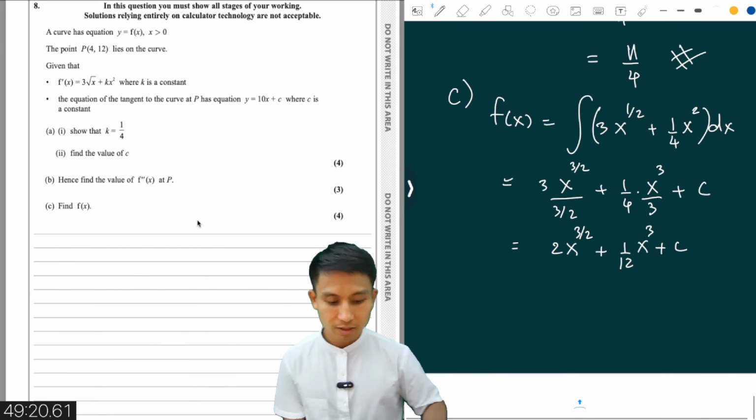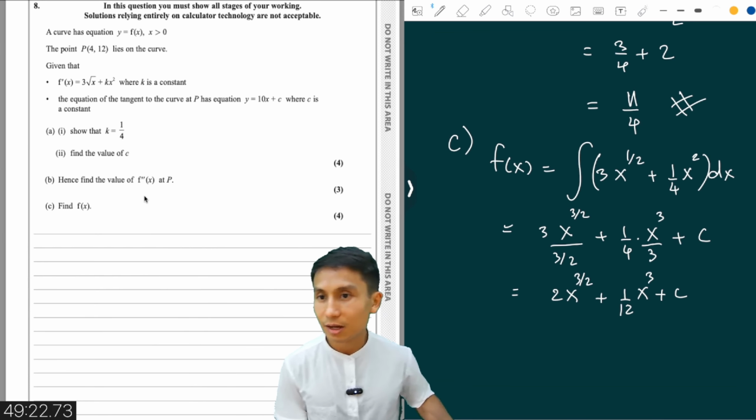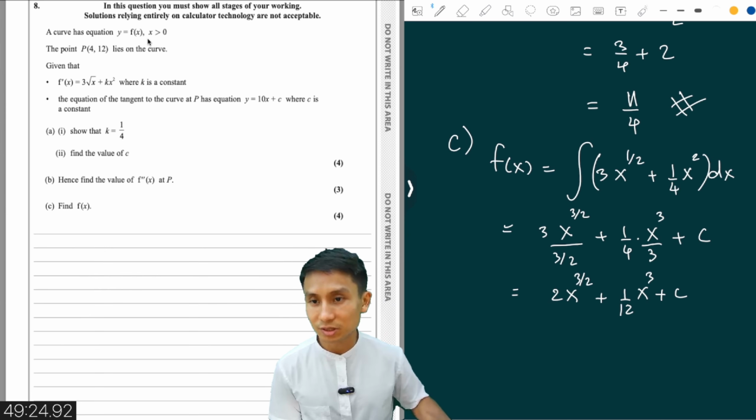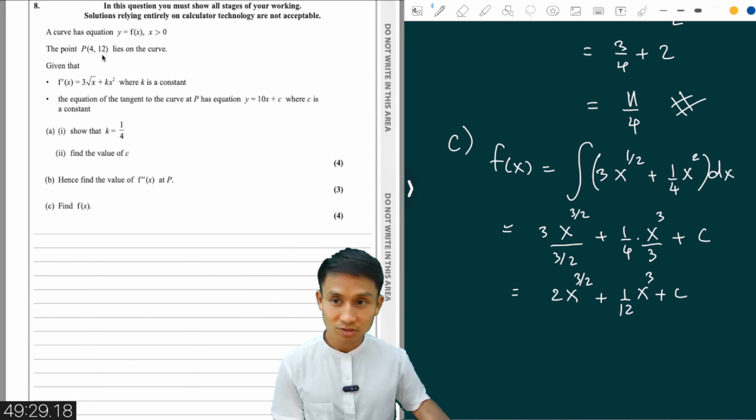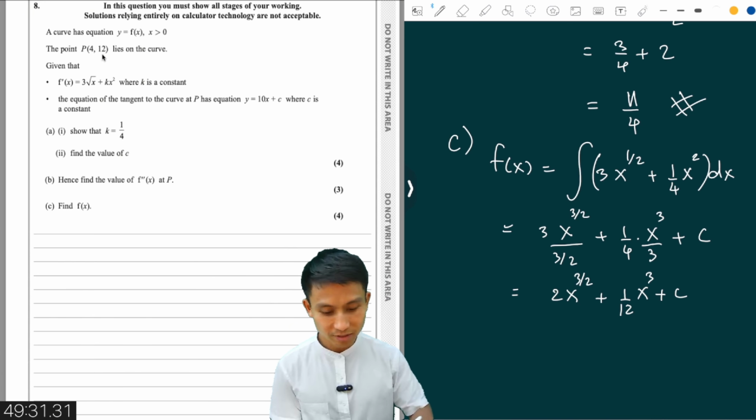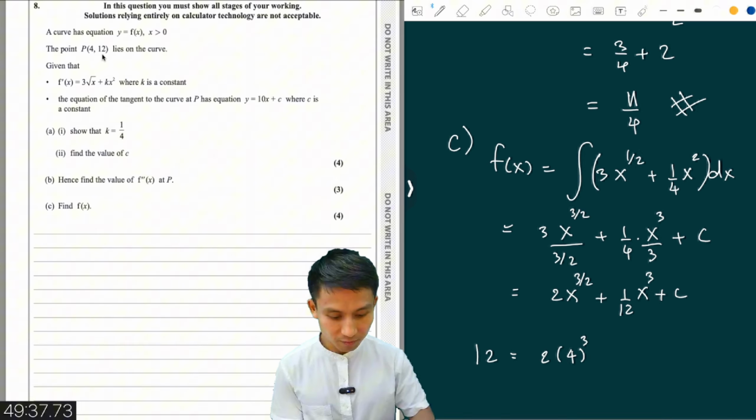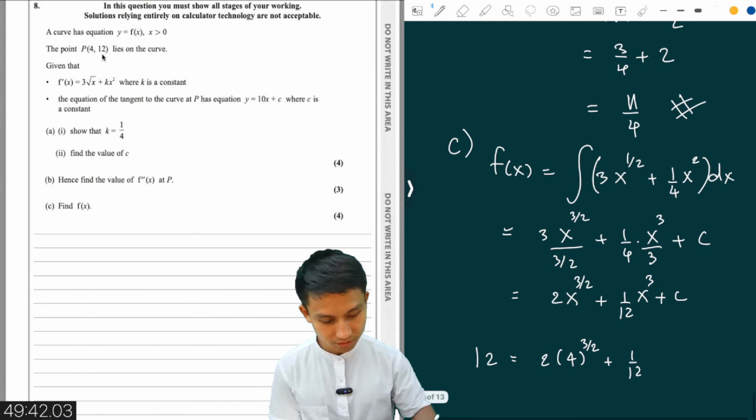Okay. Now we know that point P lies on the curve, so that is the best shot that we can use to find the c value here. So we put 12 equals 2 times 4 to the power of 3 over 2, plus 1 over 12 x to the power, which is 4 to the power of 3, plus c.